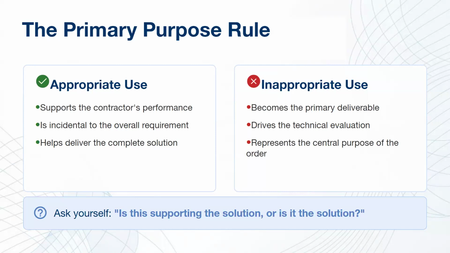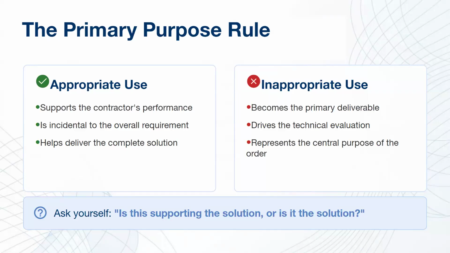If you think about an agency issuing an order for cybersecurity services, the government's objective is to obtain the cybersecurity expertise. Along the way, you as the contractor might need software licenses, specialized equipment, or training materials. Those supporting items may qualify as OLMs because they're helping deliver the primary requirement.